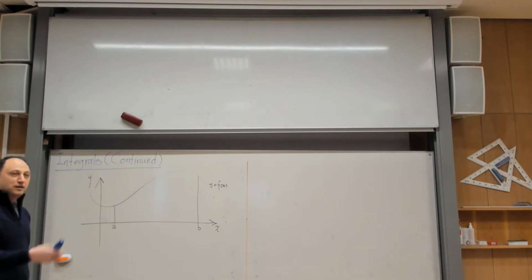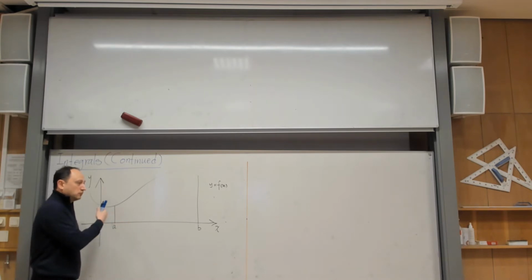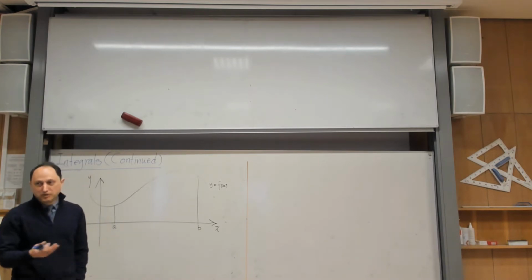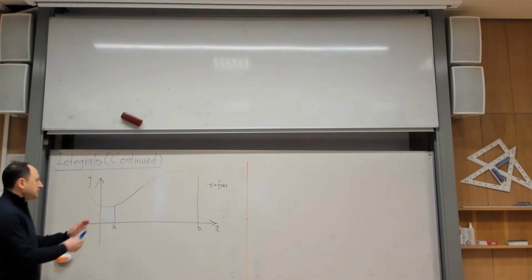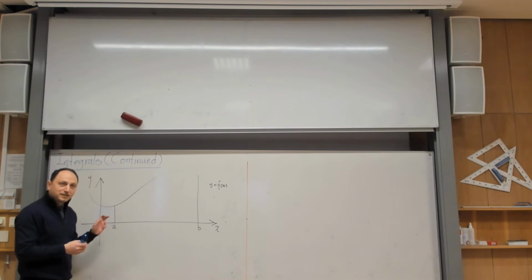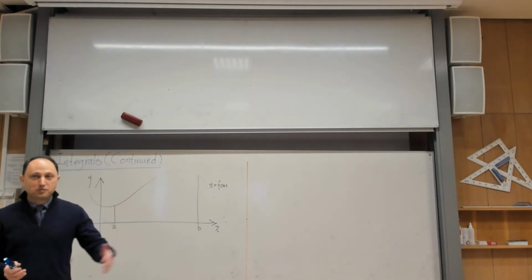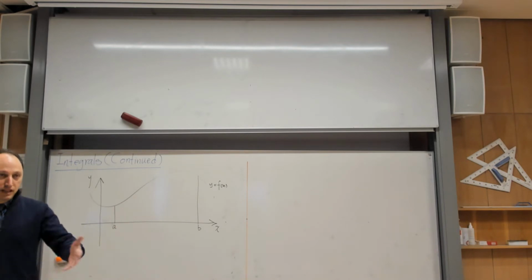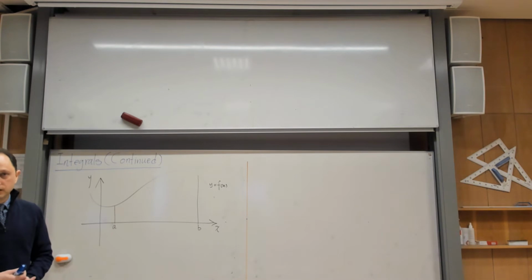And it doesn't matter if I divide it into 1 billion rectangles or 1 trillion rectangles, the approximation becomes better and better, but it will not be the precise value. Intuitively, it becomes hopefully clear that if I partition it into infinitely many rectangles, and if I succeed in calculating that infinite sum, then it might be a good idea to call that number the area. Yes? Is that clear?